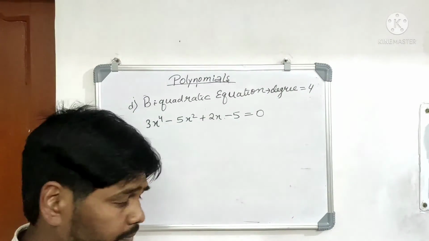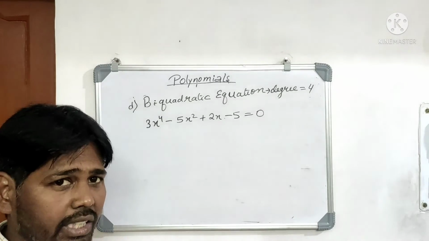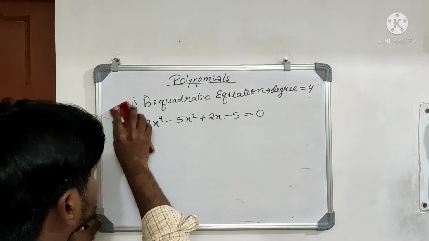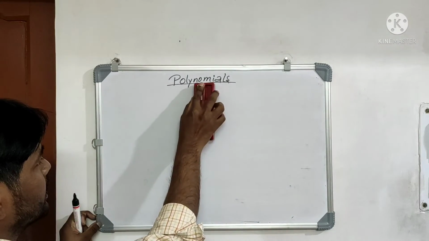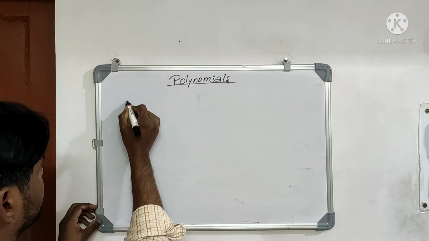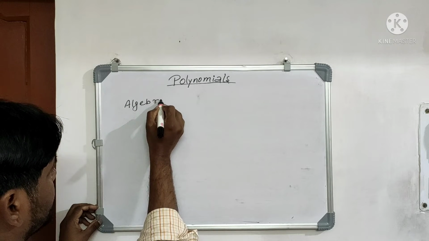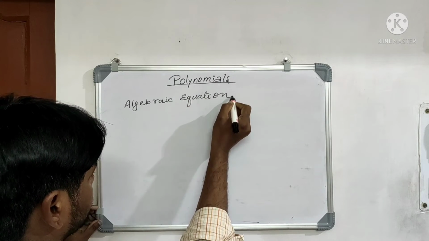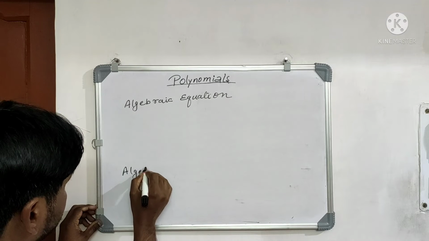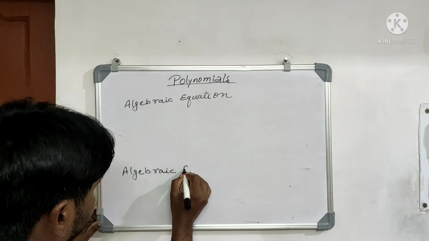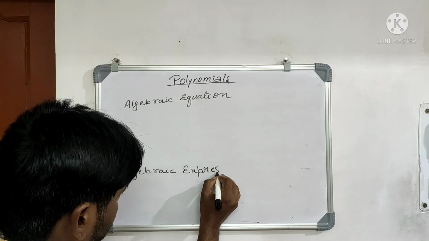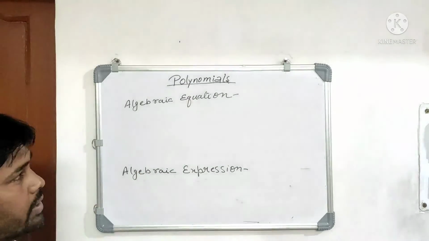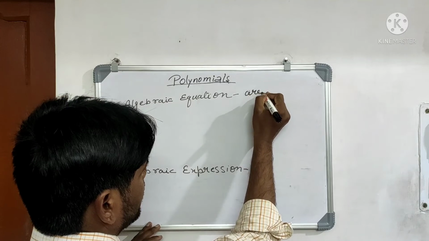Now before moving ahead, as we have talked about the degree and the equation, we have to understand two major topics, that is algebraic equation and algebraic expression. Algebraic equations are the expressions.